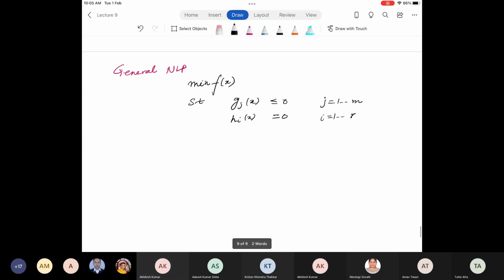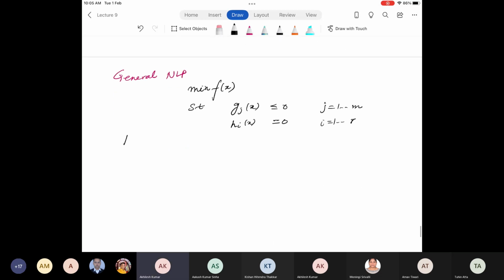So to solve such, first write the Lagrangian: f of x plus summation j equals 1 to m. Generally we use mu for nonlinear inequality and lambda for equality, but it is not hard and fast. At the end of the day, it is just a multiplier.